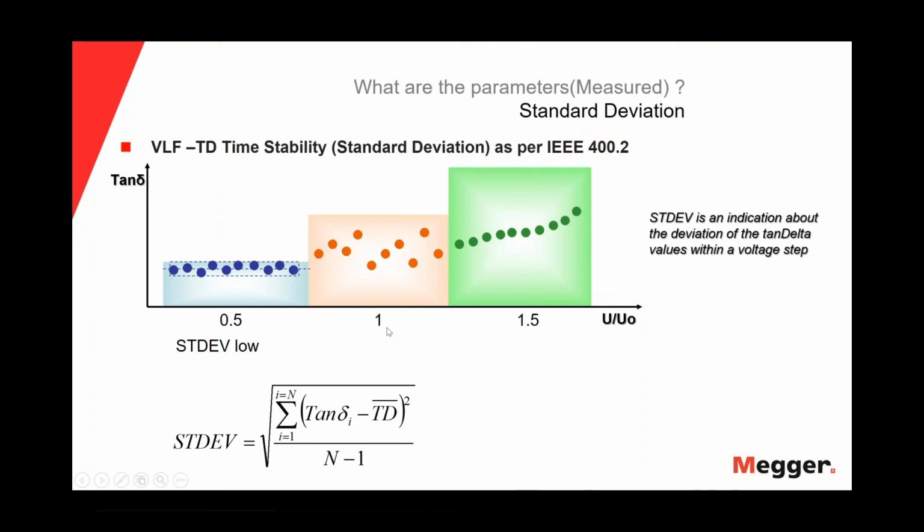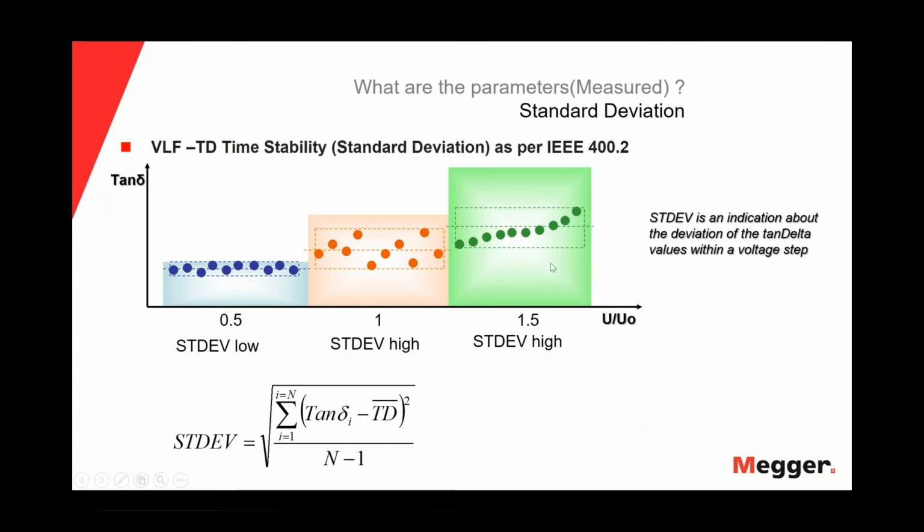But at 1 U0, we can see that the standard deviation is high because the values are far from one another. It's pretty much the same situation at 1.5 U0. So the standard deviation is really an indication of the deviation of the tan delta values within a voltage step.